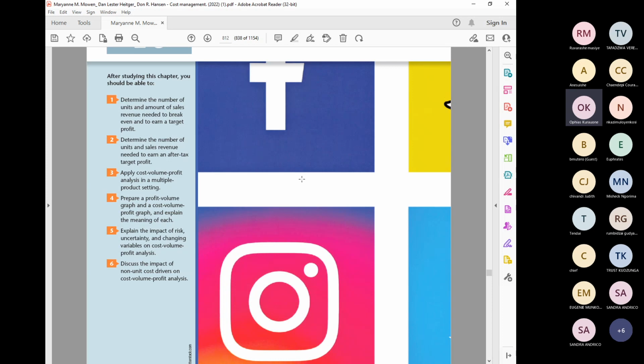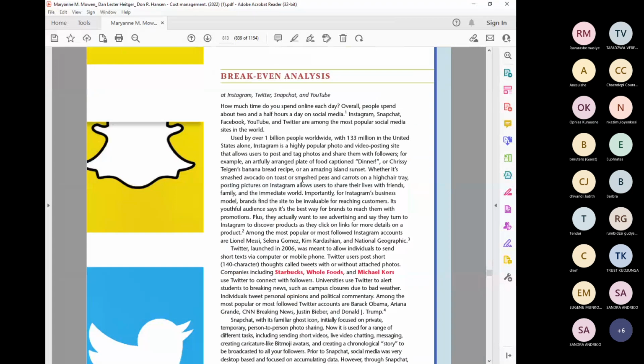Fixed cost per unit will increase if you produce less, and that has an impact on our profit.